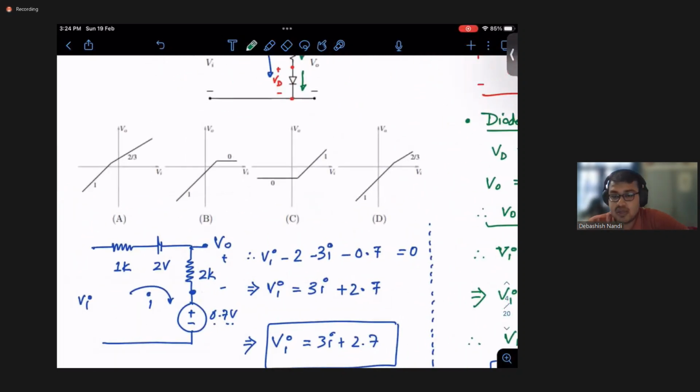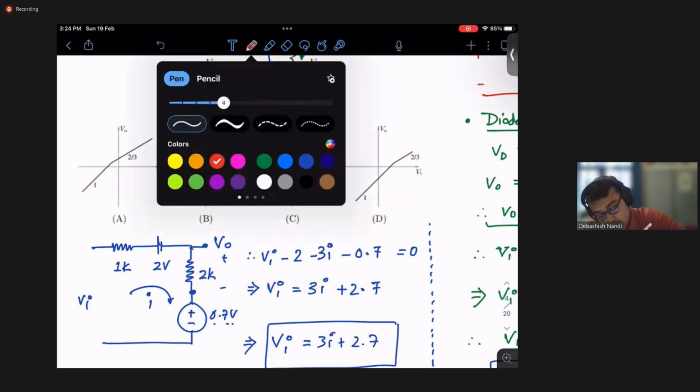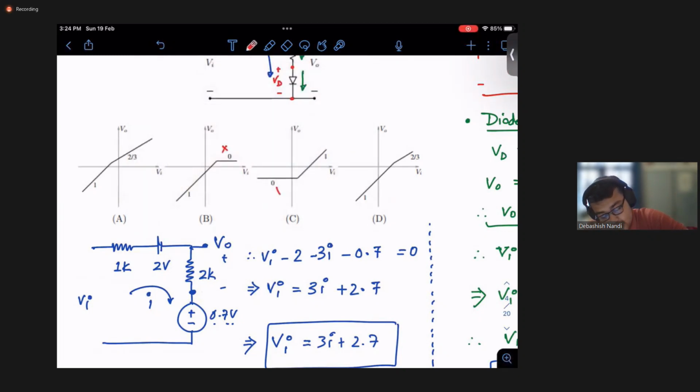So first option, let's see. The diode is on when Vi is more than 2.7 volt, right? And the slope is 2 over 3. So this option is not correct. So we have option A and option D. In the off state we have slope 1. In the on state we have slope 2 by 3.